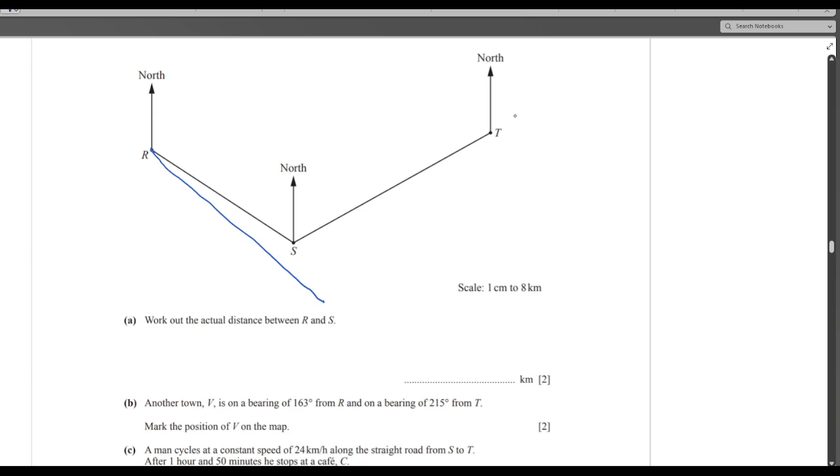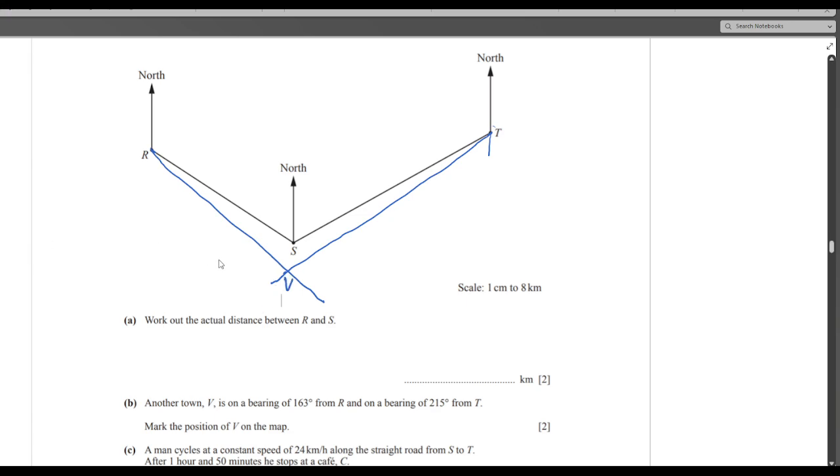Then bearing of 215 from T. So 215, this is 180, and then 215 from here, it might be coming like this. I am drawing just a rough diagram. So wherever they intersect, that is your point V.